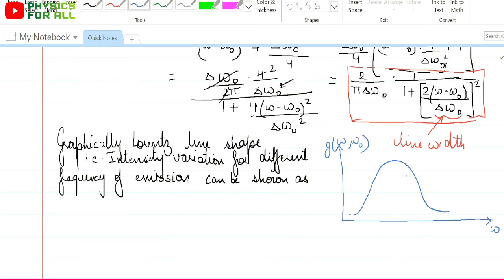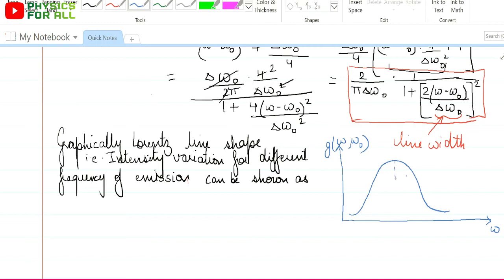We are drawing this curve with respect to the frequency. As we know, natural broadening is that in spite of the central frequencies, in spite of the photons having natural angular frequency omega, we will get some other photons as well. We would get photons having some different frequencies as well.